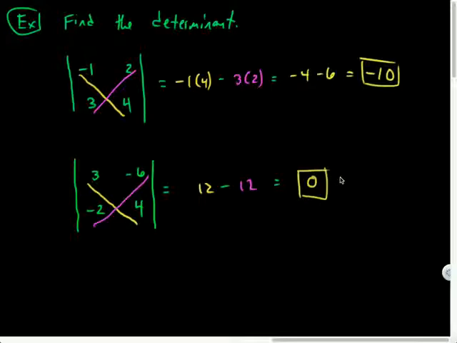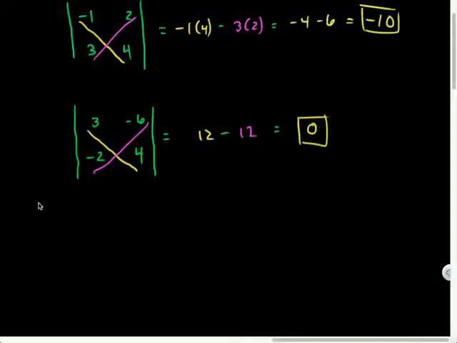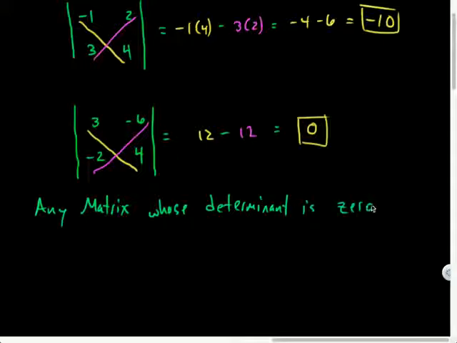Now, a 0 in the determinant is going to give us an important fact about the inverse of the matrix. I'll give you that fact right now, in fact. It turns out that any matrix whose determinant is 0 has no inverse.